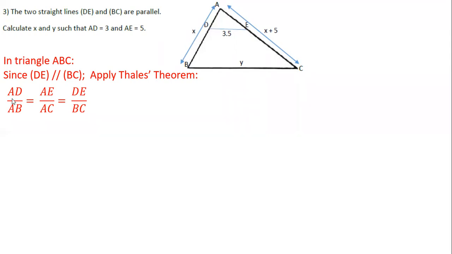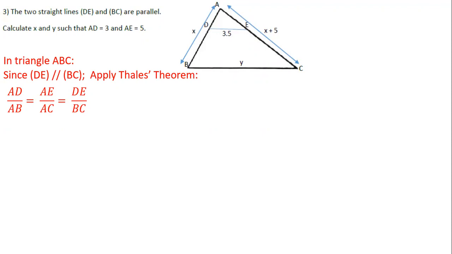Okay, in which ratio do you have AB, Yasmina? In the first one. So we should take the first ratio, which is AD over AB. Now, should I take the second ratio or the third ratio? Do we have the measure of AE in the question?